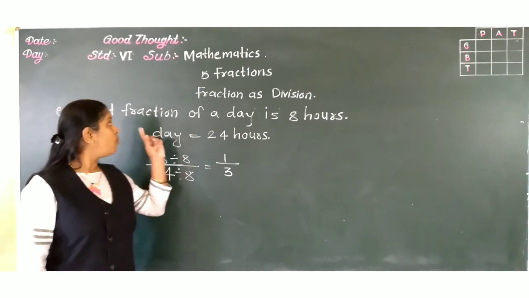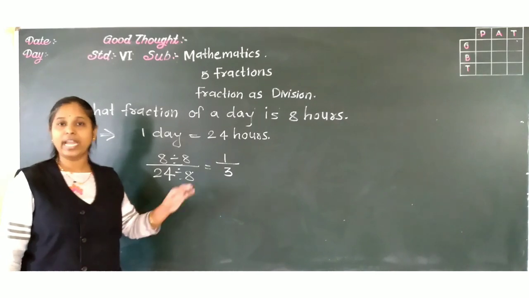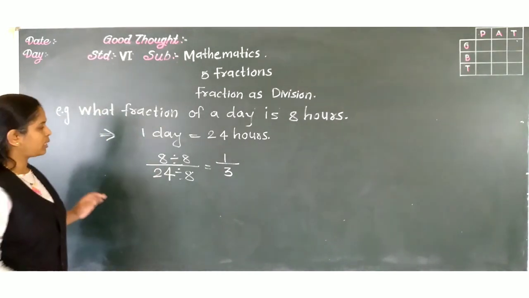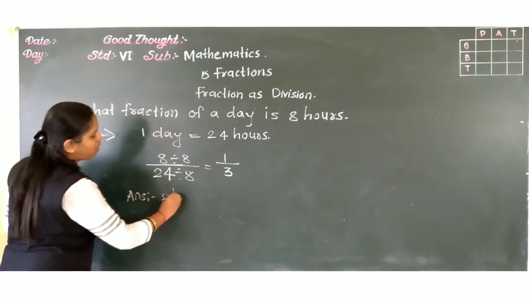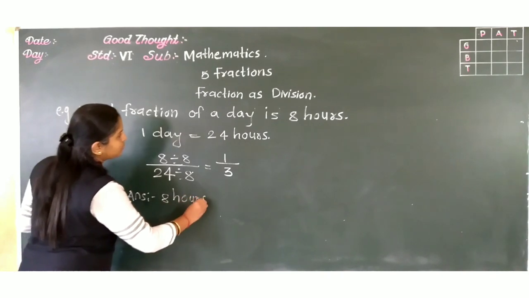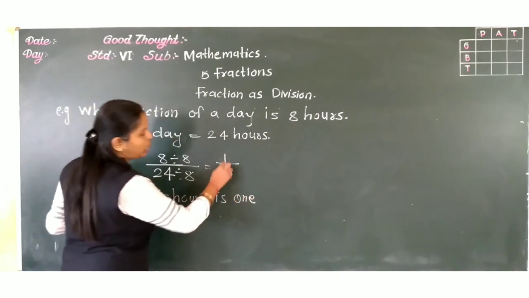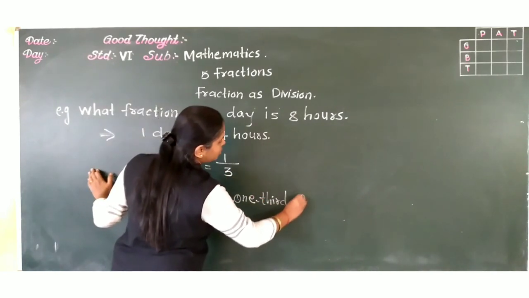So what fraction of a day is 8 hours? 1/3. Okay, 8 hours means 1/3 of a day. So the answer, how will you write? 8 hours is 1/3, 1 upon 3, of a day.